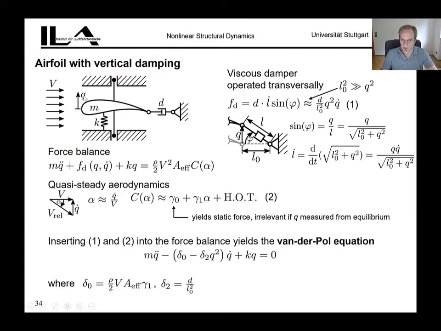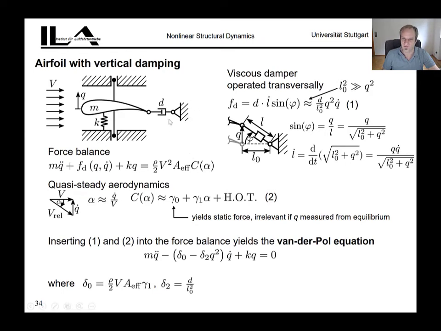For this q, we could determine the equilibrium position first and then do a replacement of variable, or variable transform, to measure the dynamic displacement from this equilibrium point on. Then we would get the same result as taking the shortcut and simply ignoring this static component. One thing is that we still need to assume that in this static equilibrium position, this damper is horizontal.